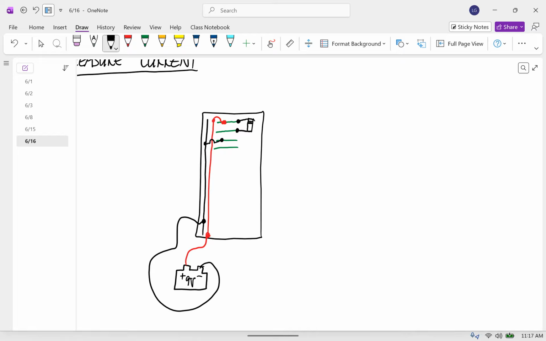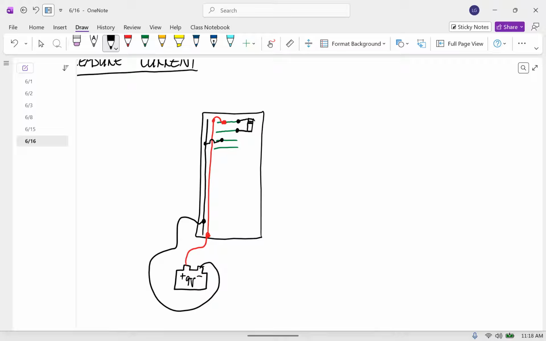So now there's no way for the current to go from the negative terminal of the resistor back to the negative of the battery. Right now it's broken. No electricity is going to flow. Okay. And I'm going to now insert the meter into here. So I'll put the positive lead of the meter along this, and I'll put the negative lead along this. And now current can flow through the resistor, through the meter, and back to the battery.